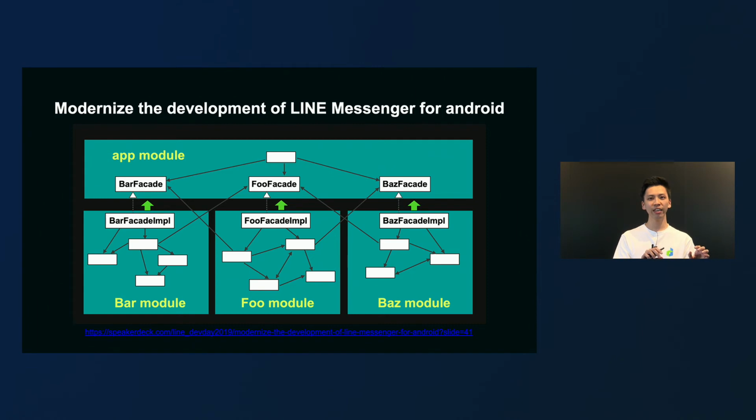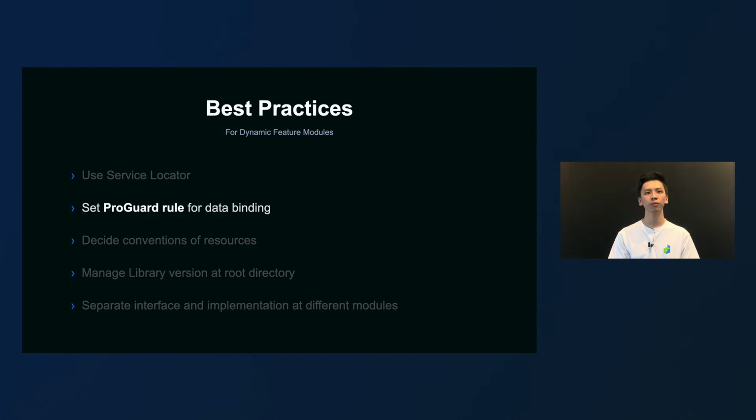And then we can access the feature module from other feature modules by calling the facade interface in the app module. Using the Leech component library, we can also achieve type safety while accessing the dynamic feature module from the app module. Next, I'm going to talk about the data binding issue in the dynamic feature module.